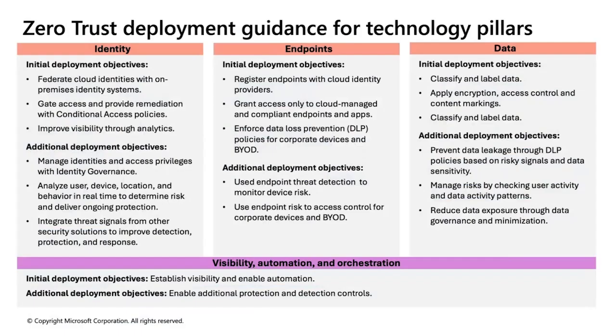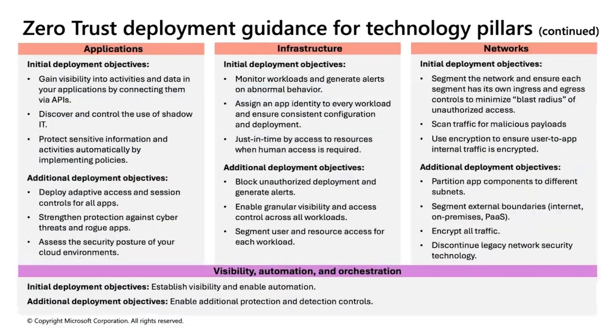So these are three: identity, endpoint, and data. Now, what about the others? We have applications, infrastructure, and network. In applications, definitely we should have an initial objective like gaining visibility into activities and data in your applications by connecting them via APIs.